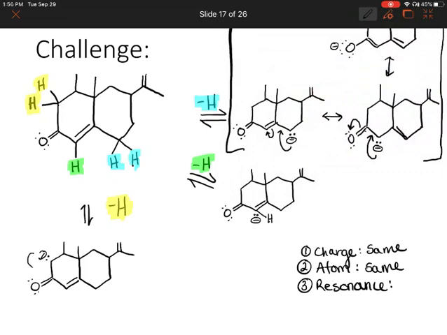Our resulting structure will look something like this, and the oxygen now has 3 lone pairs, so oxygen will be negatively charged. Is there any other way that we can move electrons around?